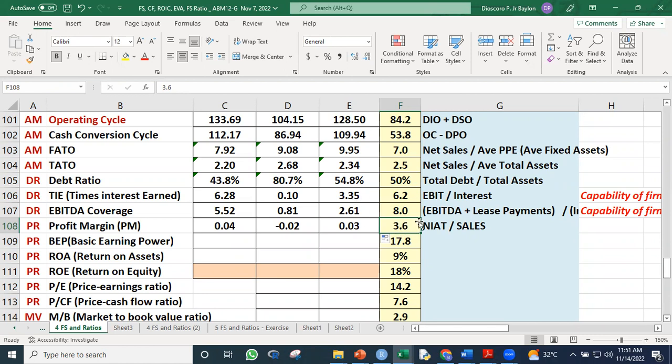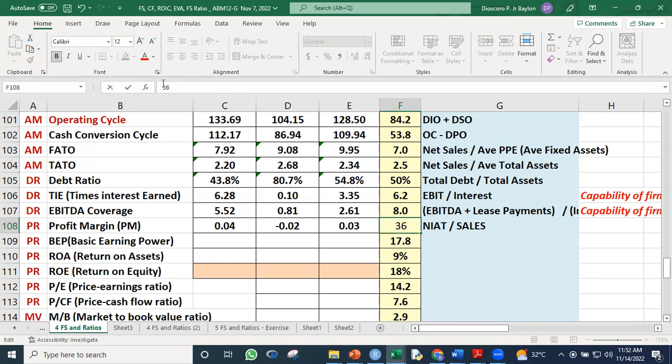Hindi siya pwedeng 3.6, kasi ang ibig sabihin ng 3.6, sa bawat 100 pesos na sales nila, hindi. Sorry guys ha. Kaya medyo nagulat ako. Dapat 0.36 yan. Okay, typographical error yan.